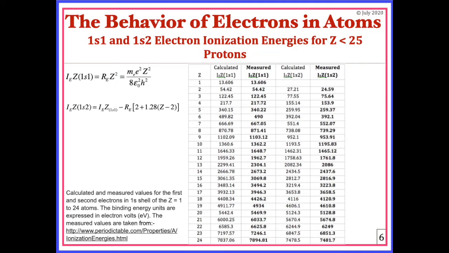One important feature here is that the ionization energy for each 1s1 electron is fixed by the number of protons in each nucleus. That for the 1s2 electron is set by the screening effect of the 1s1 electron upon the charge of one proton in the nucleus. The agreement of calculated values with measured values is very reasonable.